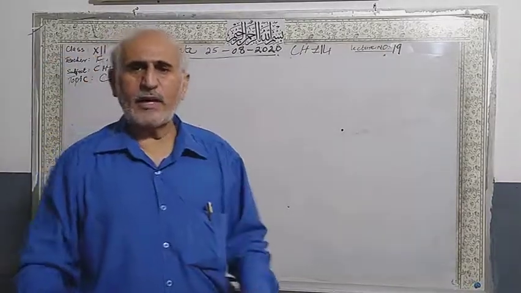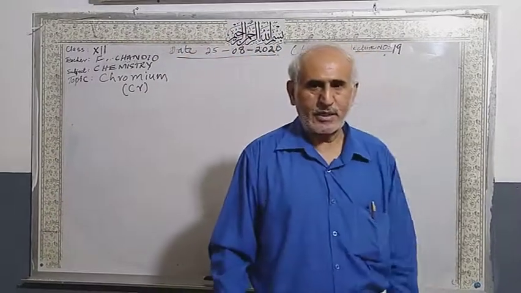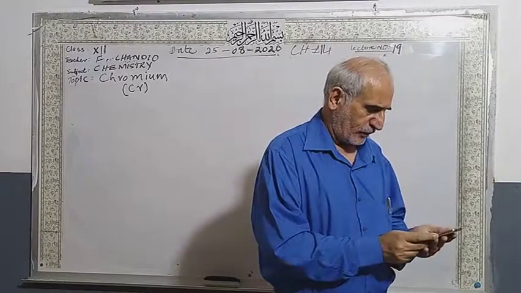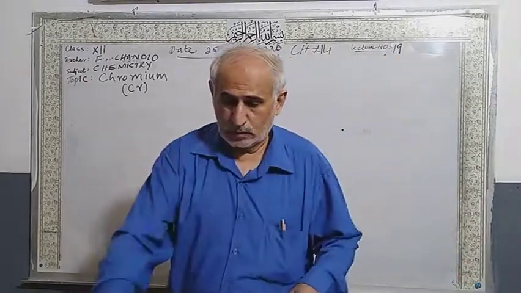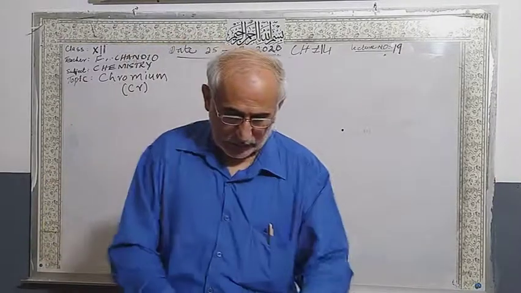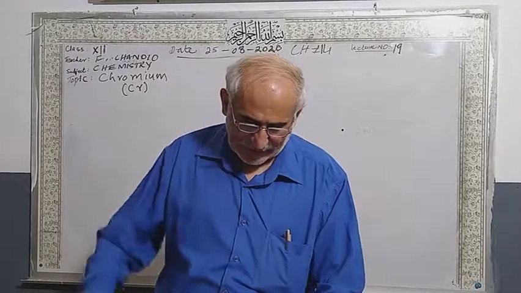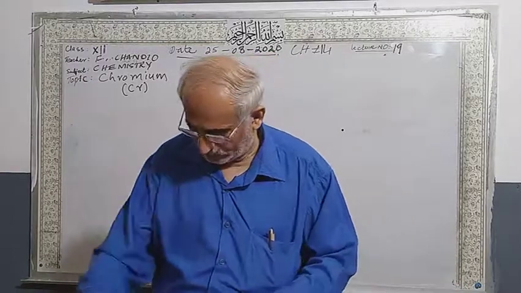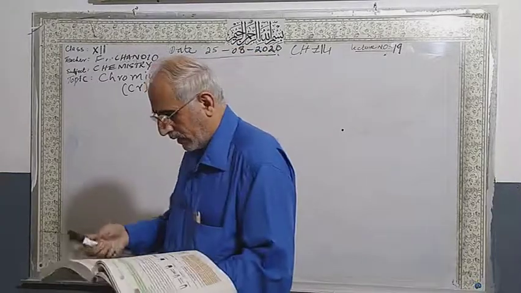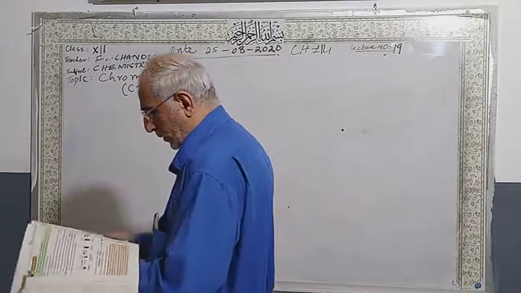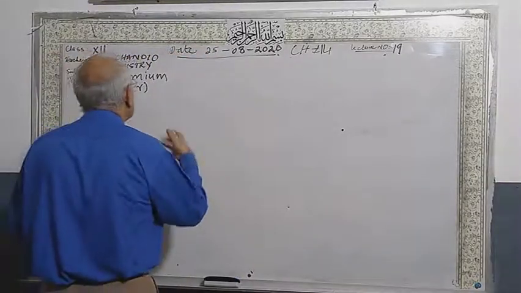This is another very important transition metal we are going to discuss, and this is again very, very important. The first topic is again interconversion, from one oxidation state to another oxidation state.